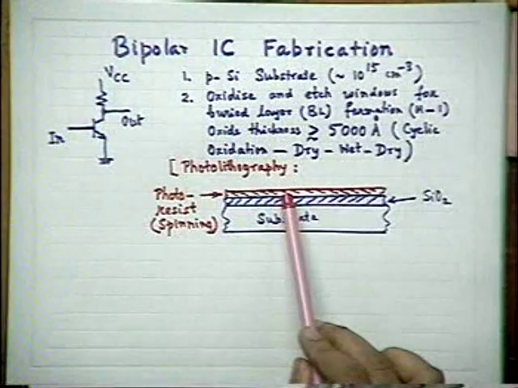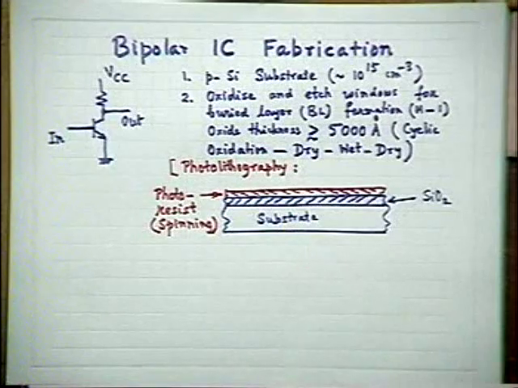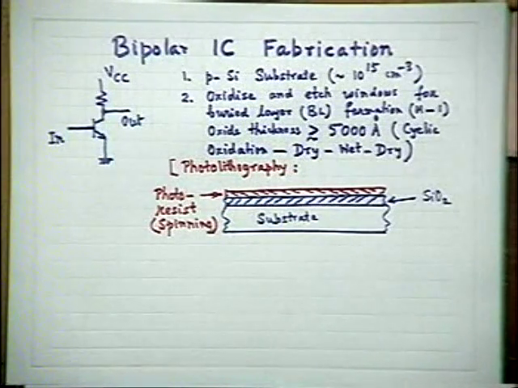In the case of negative photoresist, if you expose the photoresist film to ultraviolet radiation for sufficient time, the photoresist film gets hardened chemically. What does it mean?